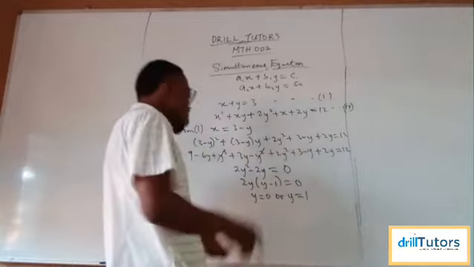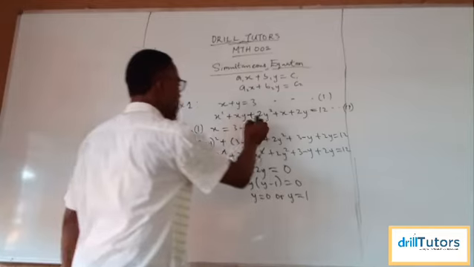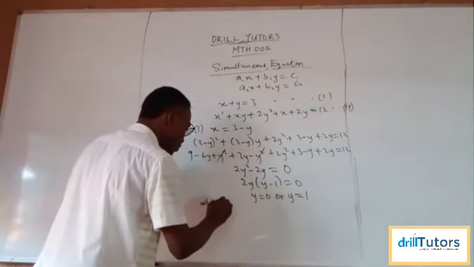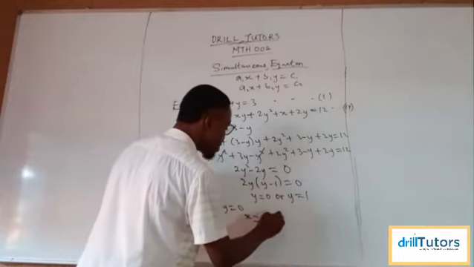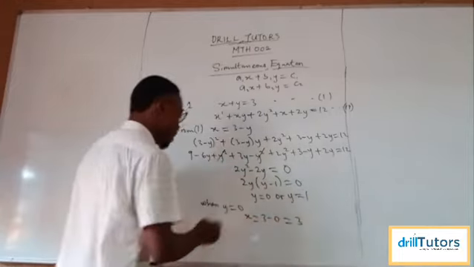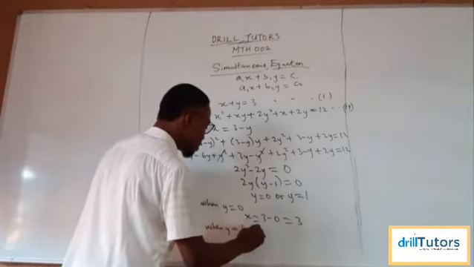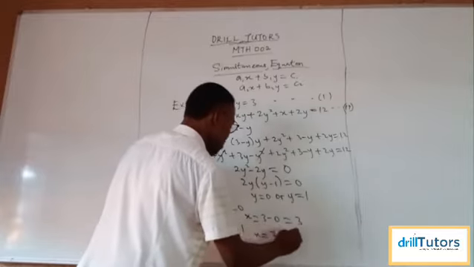Now that we have the solution for y, it's very easy to get the solution for x. When y is equal to 0, x will be equal to 3 minus 0, and that is 3. And when y is equal to 1, x will be equal to 3 minus 1.